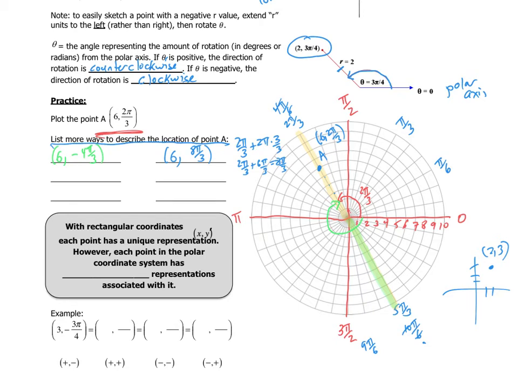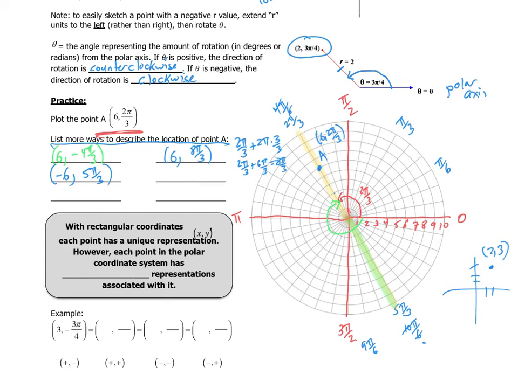So in this case, we're going to have negative 6, and we could be at 5 pi over 3. Let me explain that. This ray right here is 5 pi over 3. If we're on 5 pi over 3, to get to point A we really are going to go negative 6 units. We're going to go opposite, or across the pole, on the ray that is 2 pi over 3.